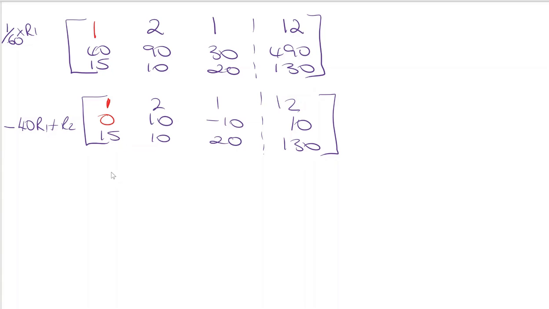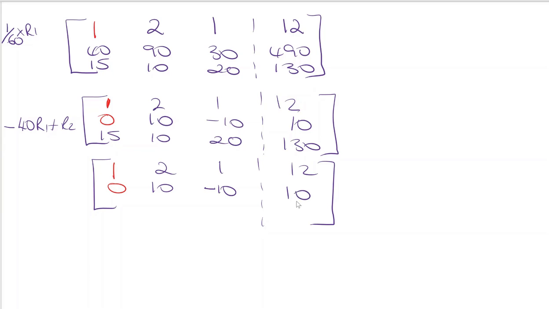So now we need to look at changing 15. So let's just rewrite. So I got 1, 0, and this is 2, 1, 12, and 0, 10, minus 10, and 10.